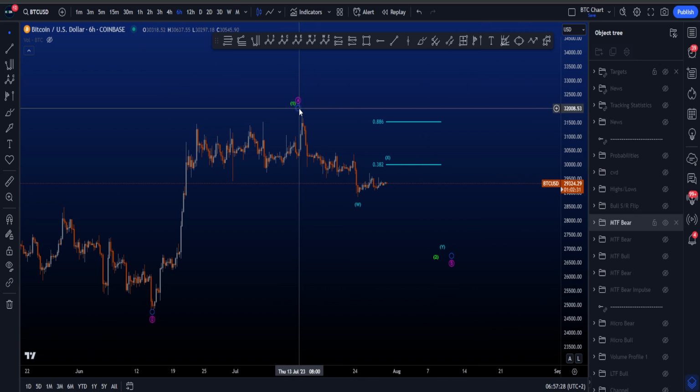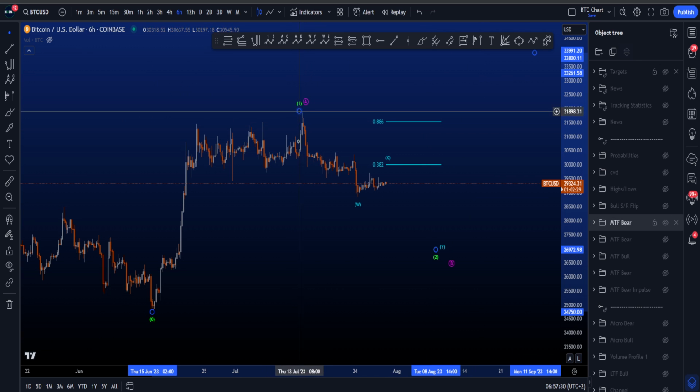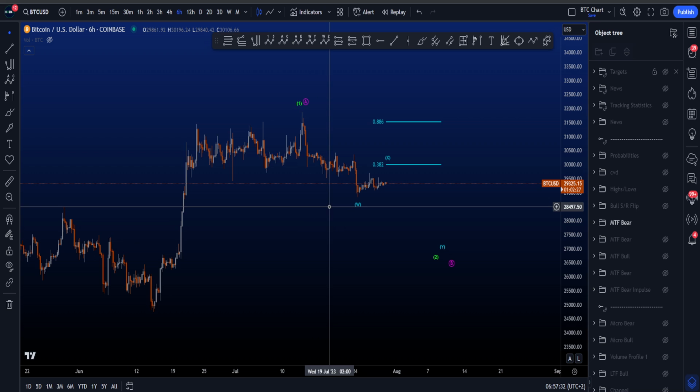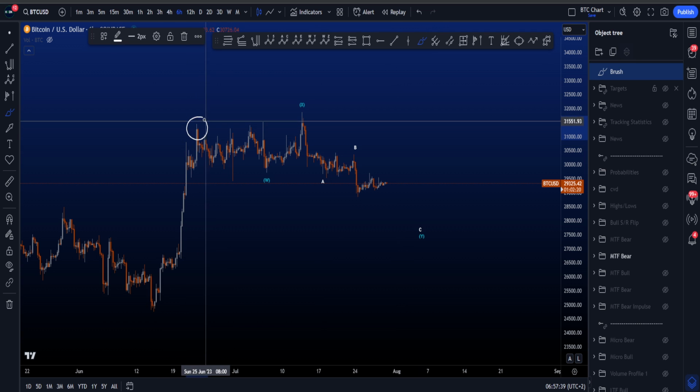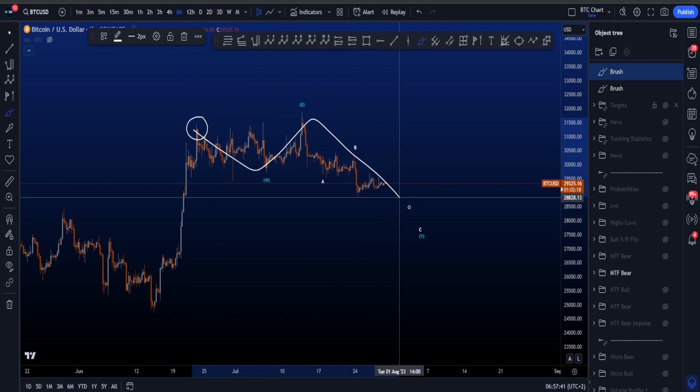However, as it stands, putting the wave A or 1 on top of this high is not at the moment something that I prefer. I prefer moves where the high of 1 or A is finished up here, and we are looking for a three-way structure.